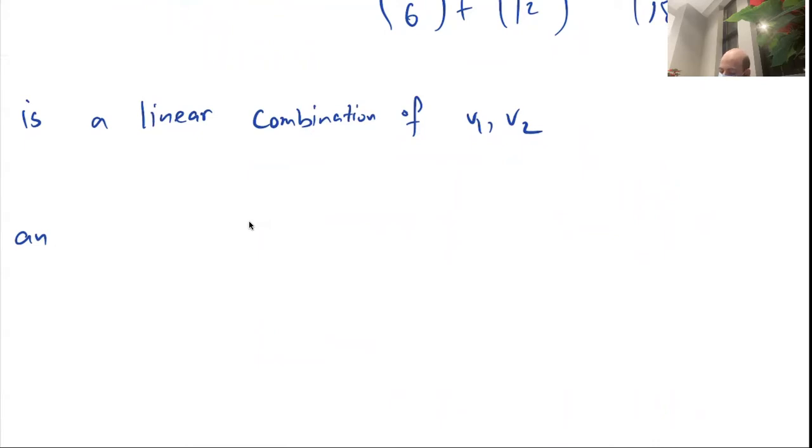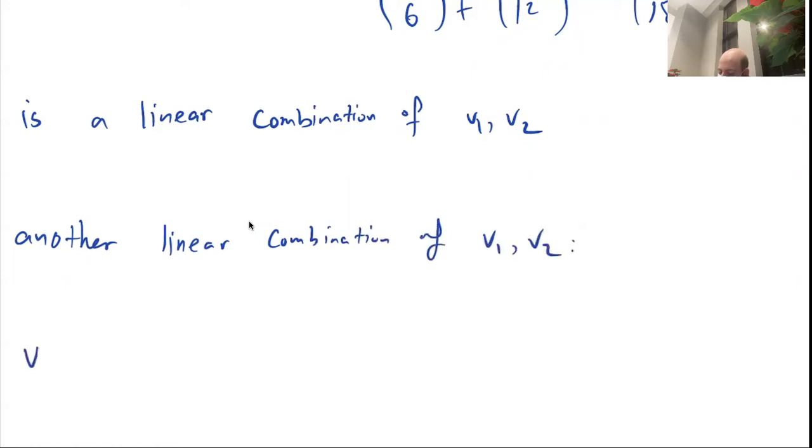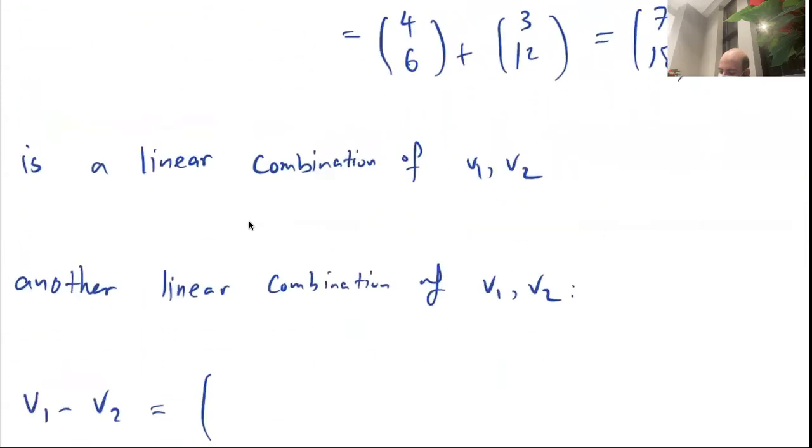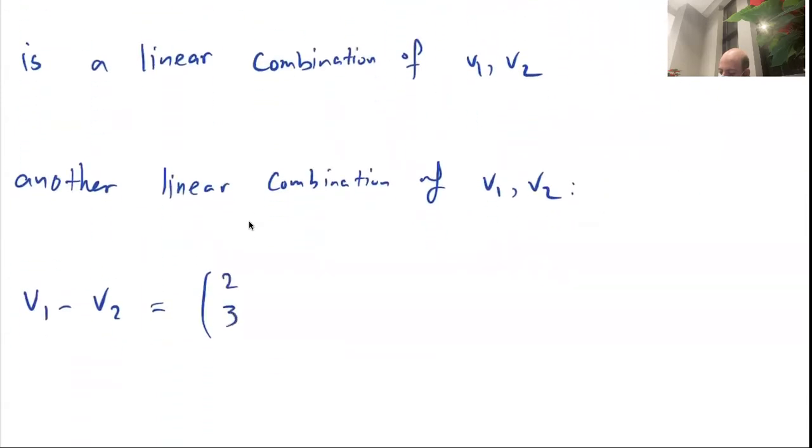Or another linear combination of V1 and V2 is basically V1 minus V2, which is (2, 3) minus (1, 4), and that's (1, -1).